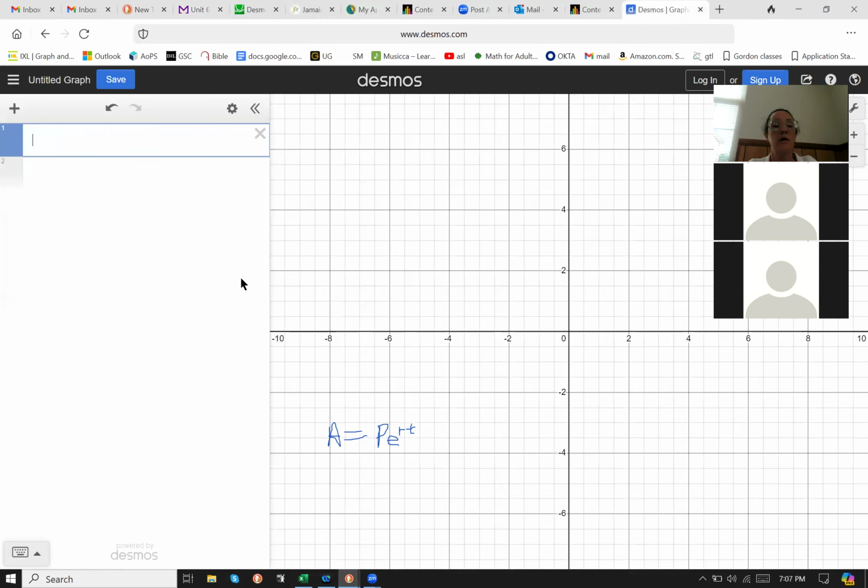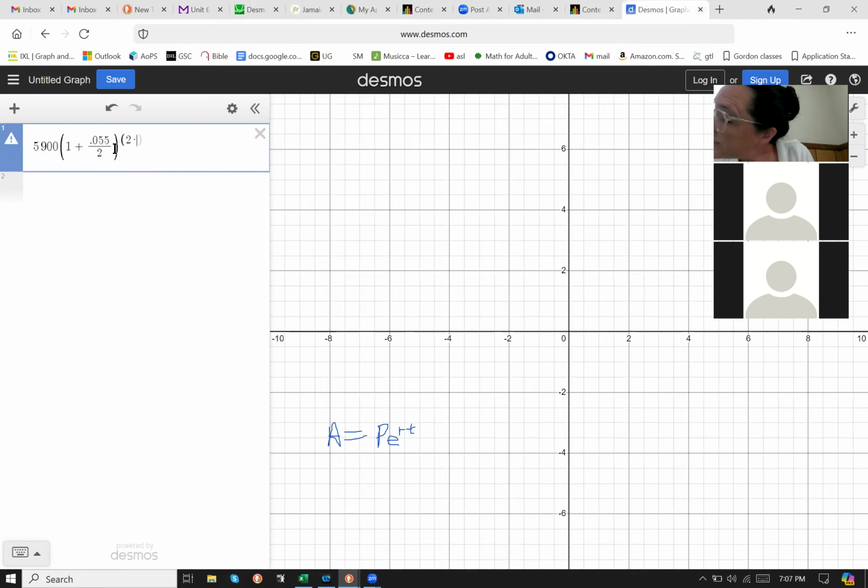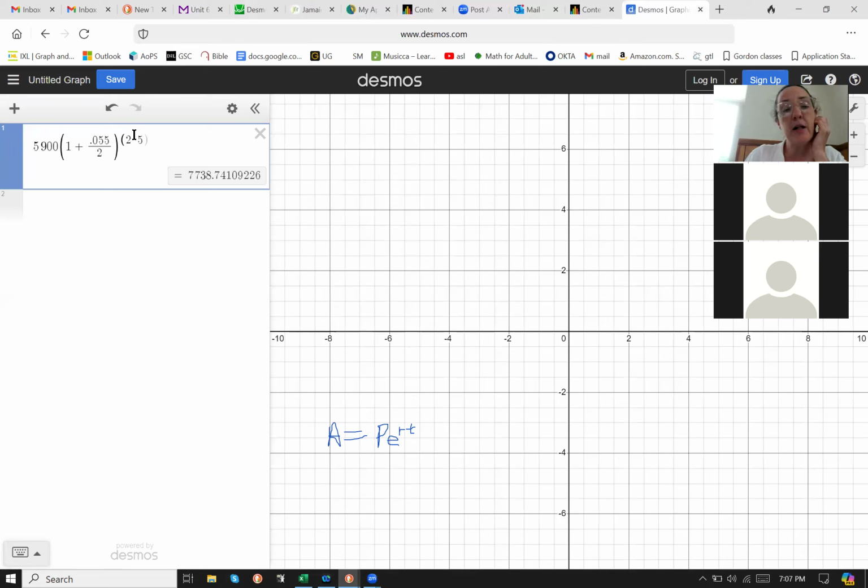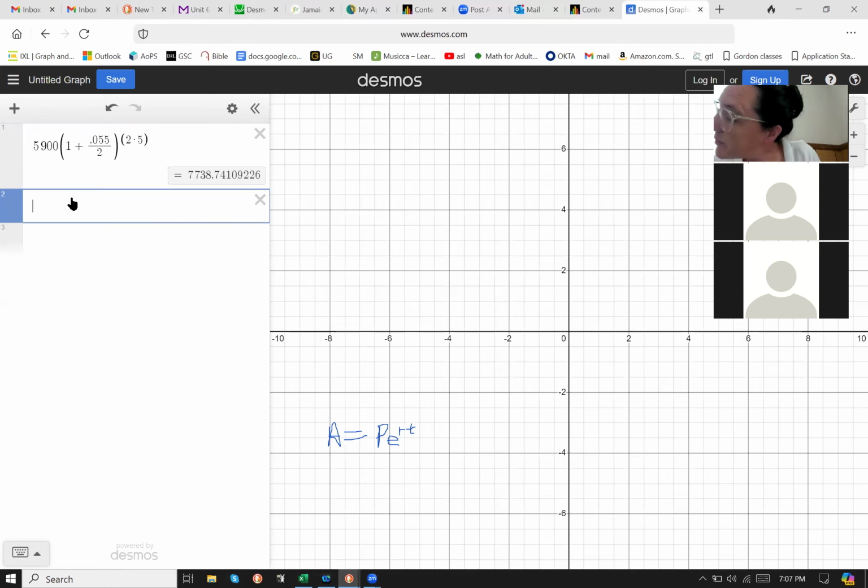For problem 33, we've got our principal of $5,900 times 1 plus 5.5% interest, which would be 0.055, divided by an N of 2, arrow over and raise that to the NT power. So 2 times 5 for 5 years. So that one will be $7,738.74 after 5 years.